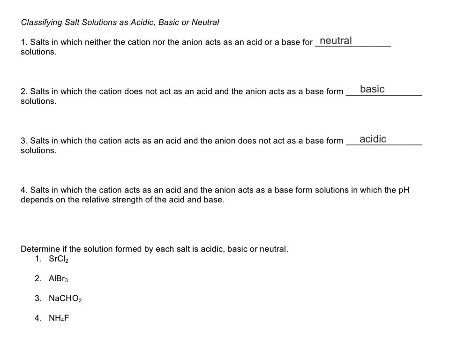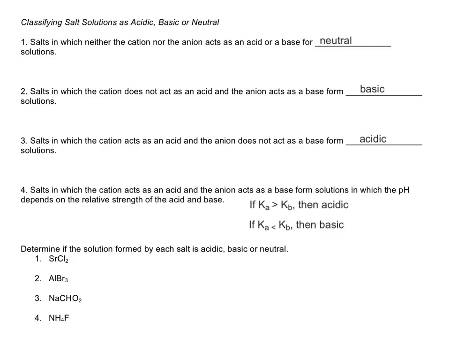And so that sort of solution is going to depend on the relative strength of the acid and the base. So in that case, we want to compare the Ka of the acid to the Kb of the base, and whichever of those is bigger will dominate, and so therefore a bigger Ka would mean an acidic solution, and a bigger Kb would mean a basic solution.